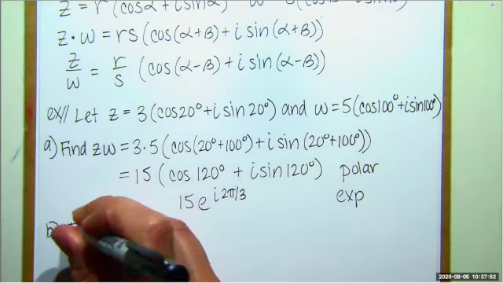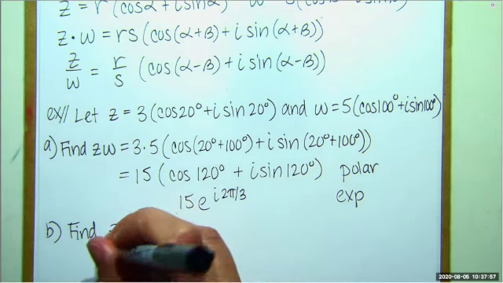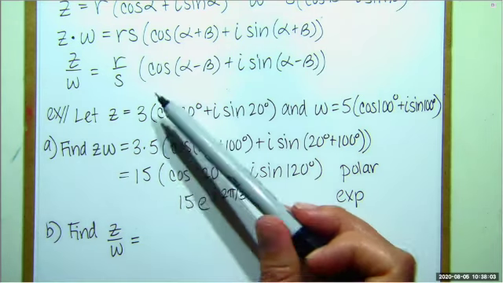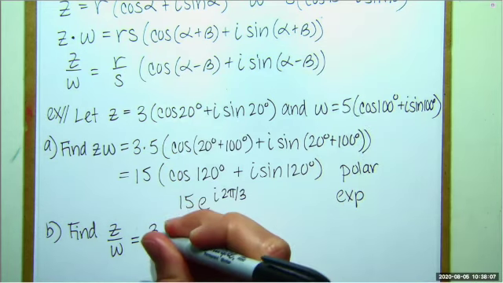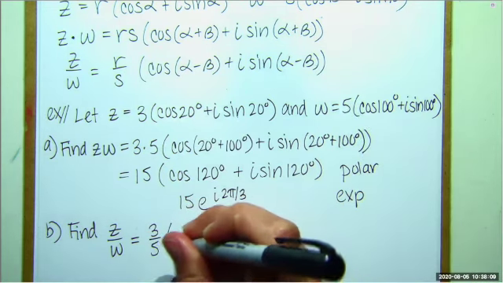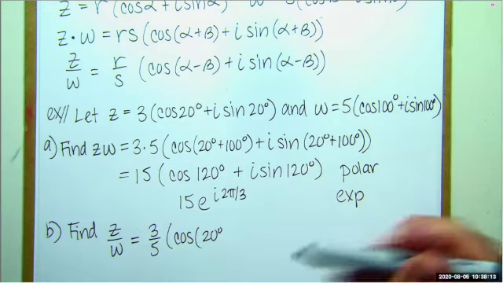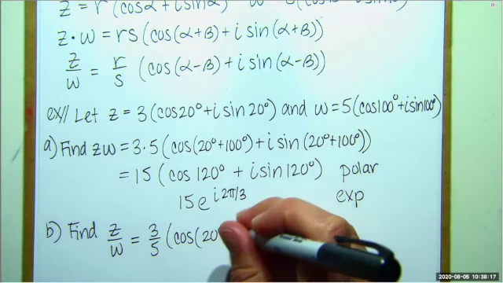Okay, part B. Let's find Z over W. So our theorem up here says Z over W is going to be R over S, so 3 over 5 times cosine of our first angle minus the angle that came from this complex number in the denominator.